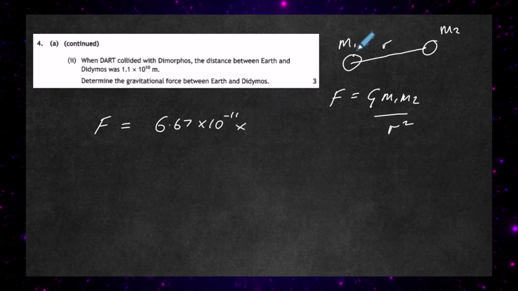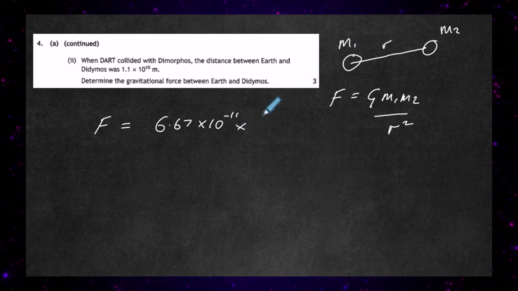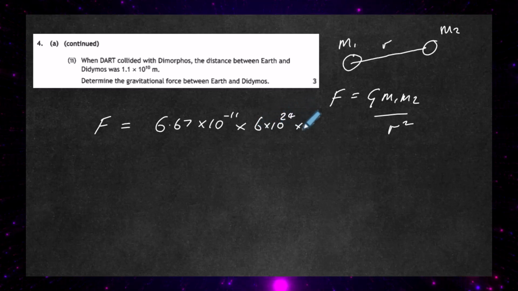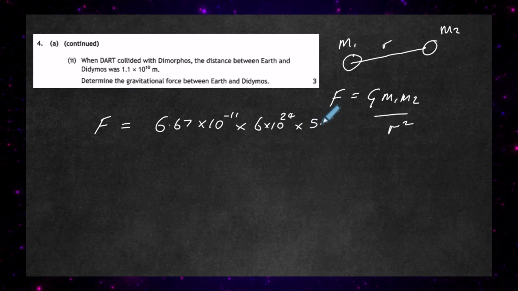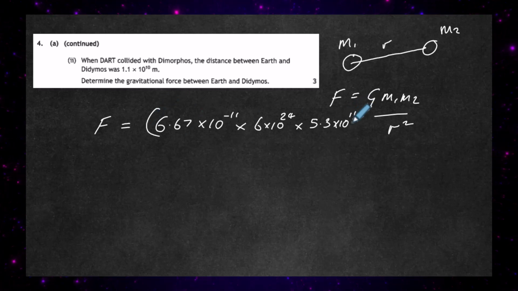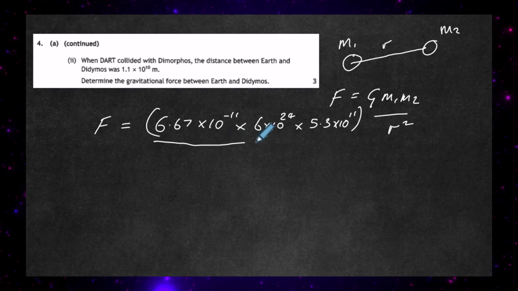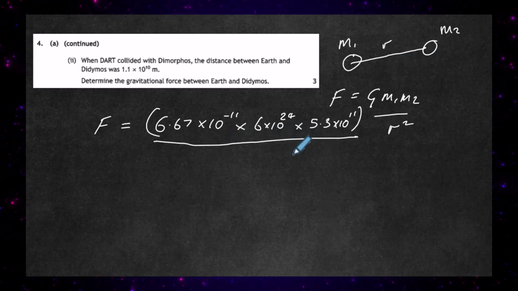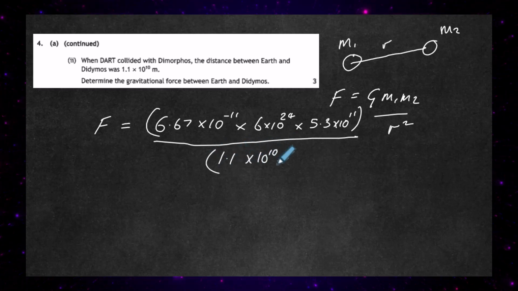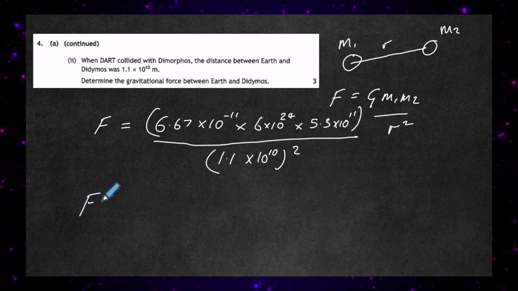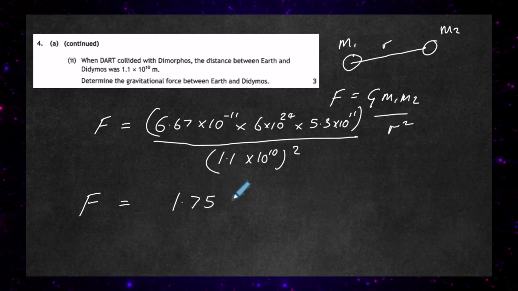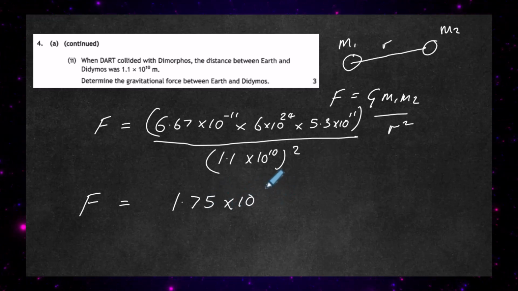Times the mass of the Earth, 6 times 10 to the power 24, multiplied by the mass of Didymos, 5.3 times 10 to the power 11, and we'll put a bracket around that. Divided by the distance between the two centres, 1.1 times 10 to the power 10, squared. In your calculator, the gravitational force is 1.75 times 10 to the power 6 newtons.